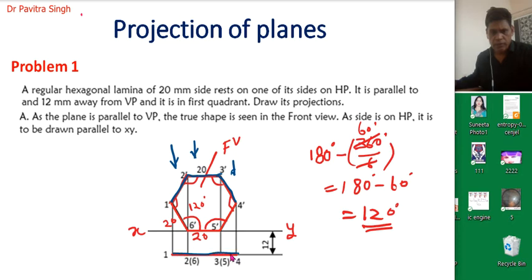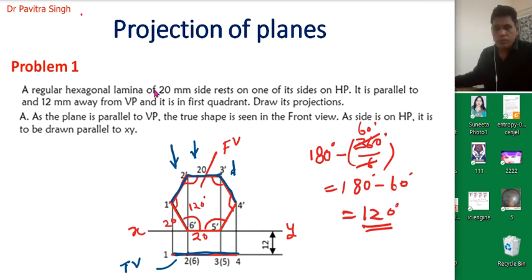So this will be point 1 2 3 4, 1 2 3 4. And points 5 6, meaning this line, this line, this line, will be on the back side. So you can see at this point, point 2 is here and point 6 is here, and points 5 and 3 will be on this point. So this is the top view of this hexagonal lamina. So this was the solution of this problem.